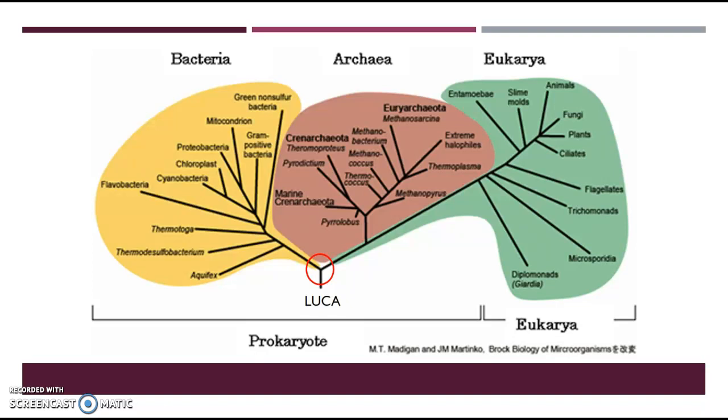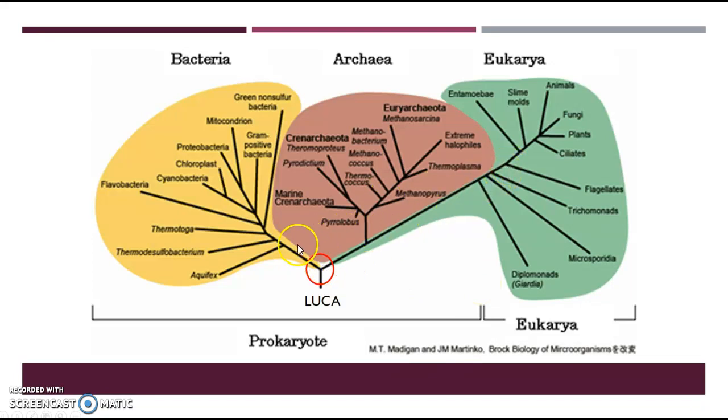So about 3.5 billion years ago, the last universal common ancestor, or what we call LUCA, derived these 3 cell types. And if you look at the phylogenetic tree, you can see here is the branch, and the branch shows where each new group diverged based on a new characteristic.